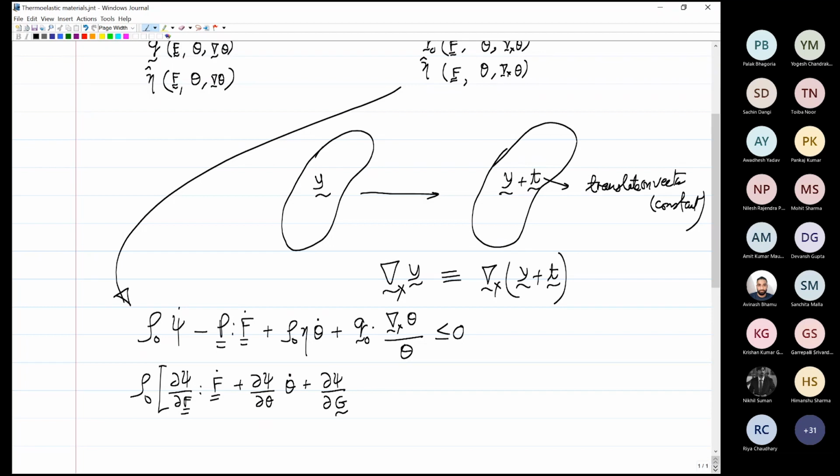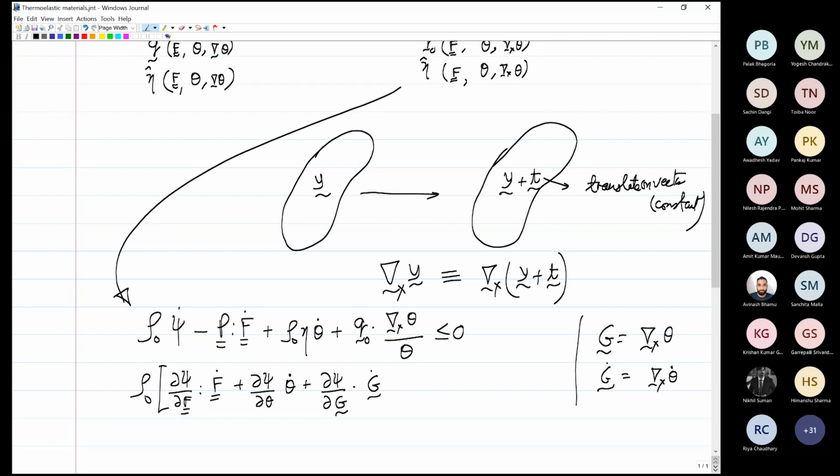So I am calling g equal to grad x theta, and g dot is the same as grad x theta dot. You can interchange the order of derivative because x and time are independent.